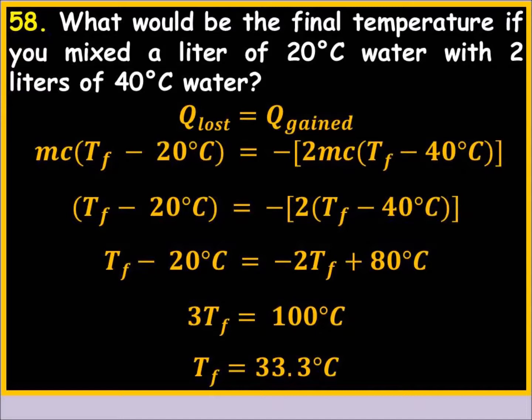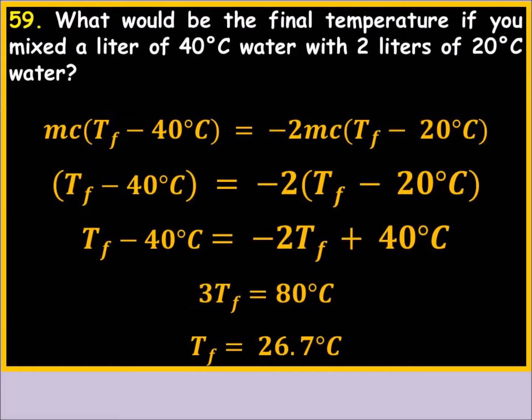Just a note, the reason you have 2m as opposed to just m is because it's 1 liter. It says mix a liter with 2 liters. So, to make it equal. And then the M and the C will cancel. What would be the final temperature if you mixed a liter of 40 degrees Celsius water with 2 liters of 20 degrees Celsius water?